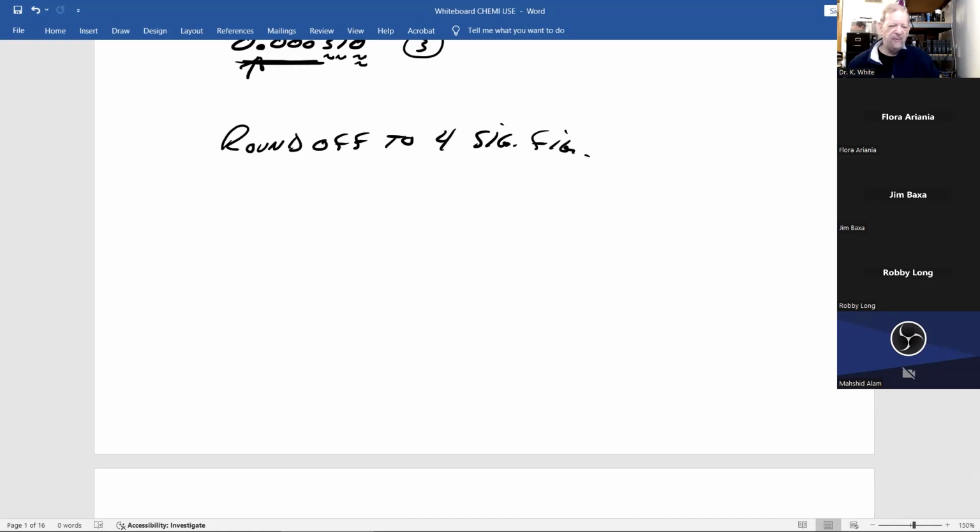It would not be abbreviated. Round off to 4 significant figures. And if I were to ask you round this number off to 4 significant figures, you start the first on the all the way to the left.